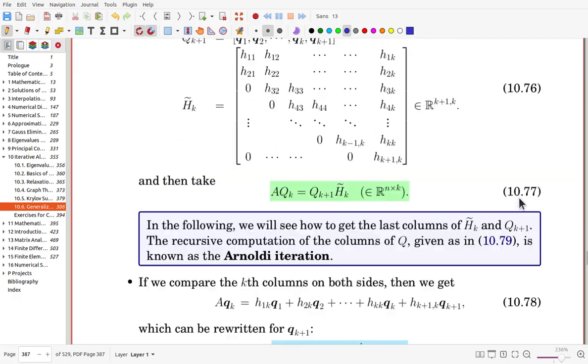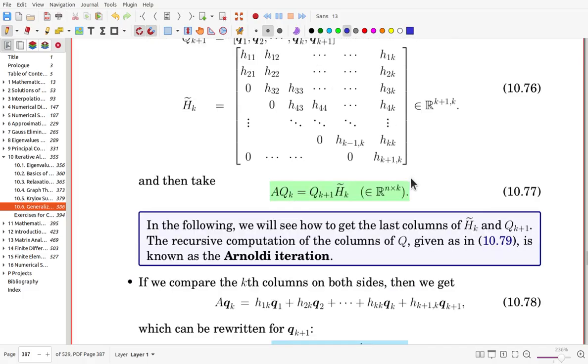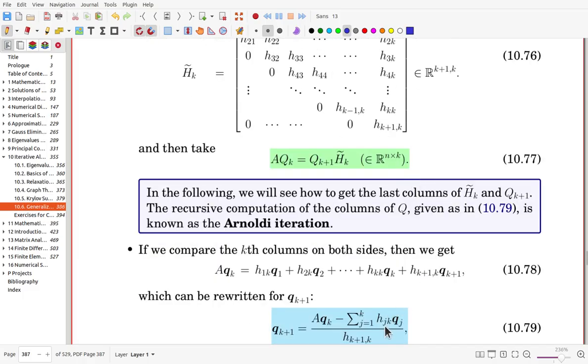That means these coefficients, these values, and Qk plus 1. The recursive computation of the columns of Q given in this equation is known as the Arnoldi iteration. Let's try to construct and get the last columns of H and Q.